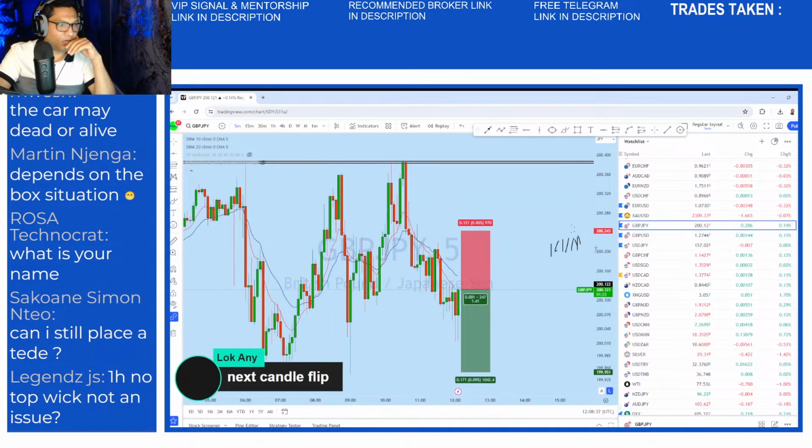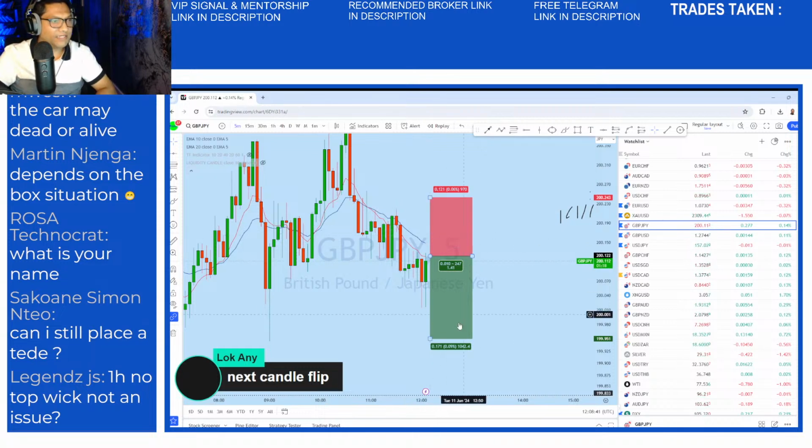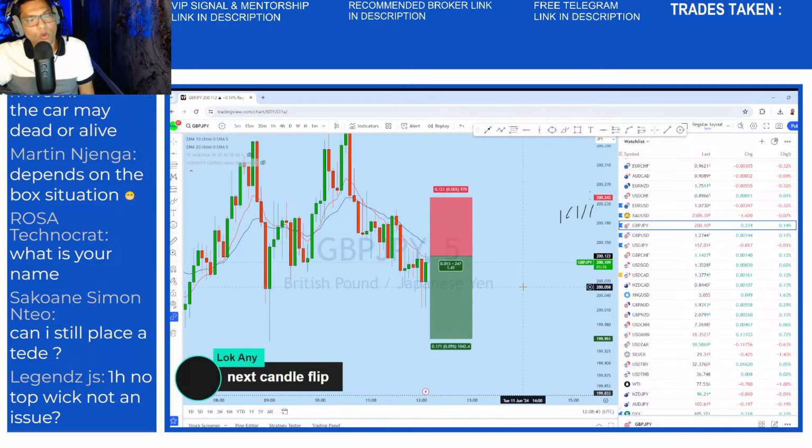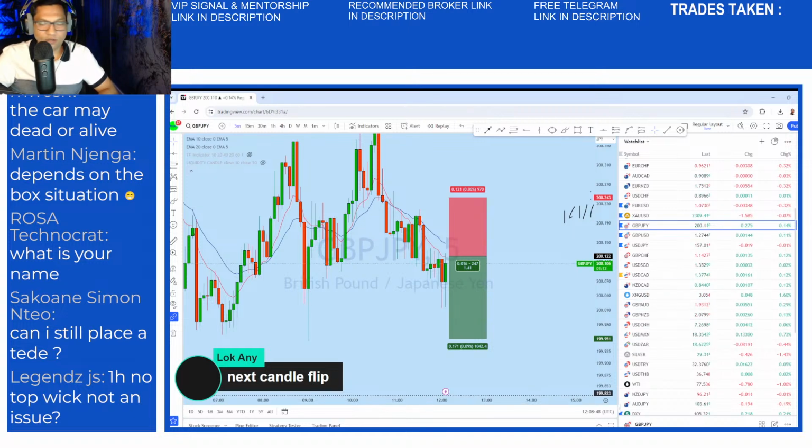So GJ, we have seen it reach that level. We might see from here another wave of drop, or maybe going up for another liquidity grab. So we are out of the trade with a couple of pips. I made 7 pips.